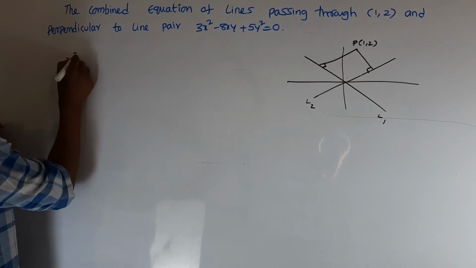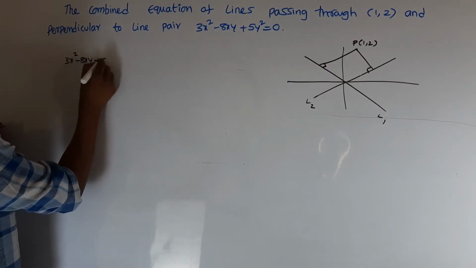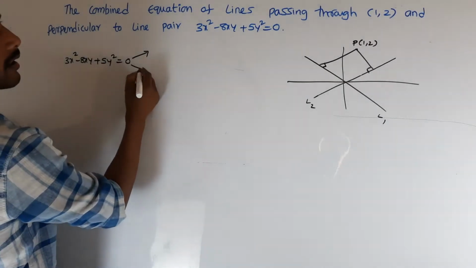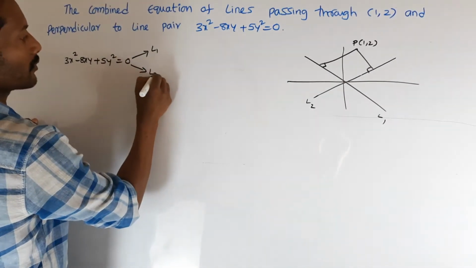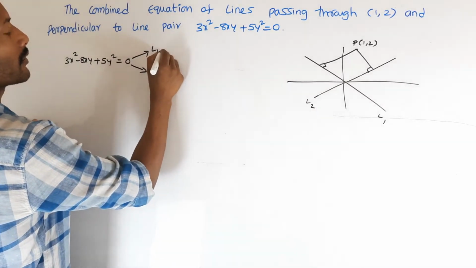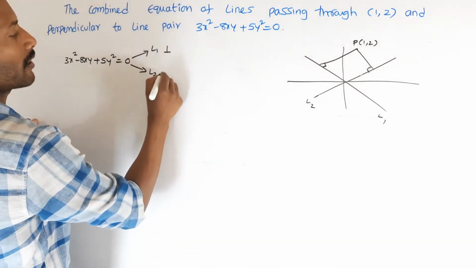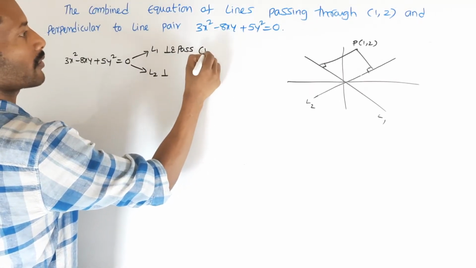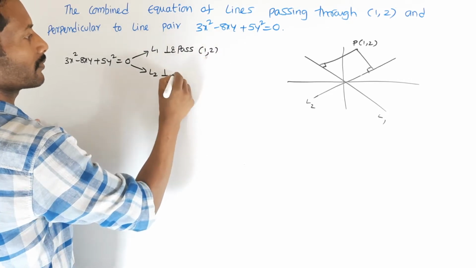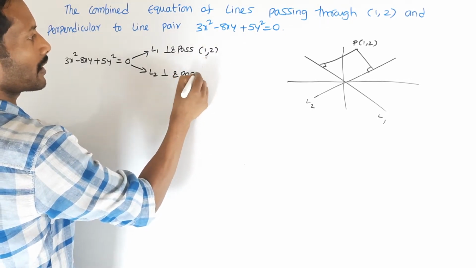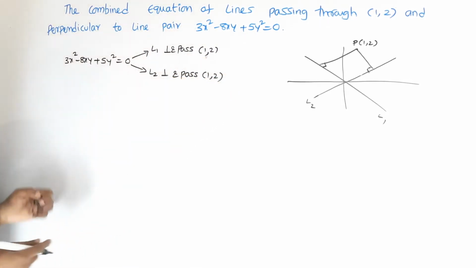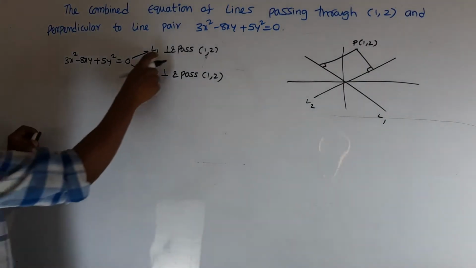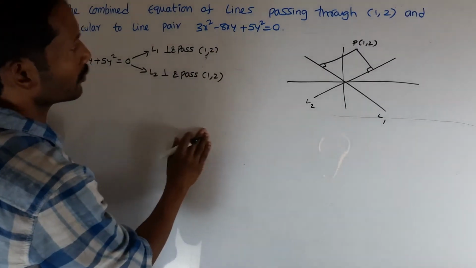Now 3x square minus 8xy plus 5y square is a pair through origin, line L1 and line L2. The required line is perpendicular to line L1 and passes through (1, 2), and the other is perpendicular to line L2 and passes through (1, 2).